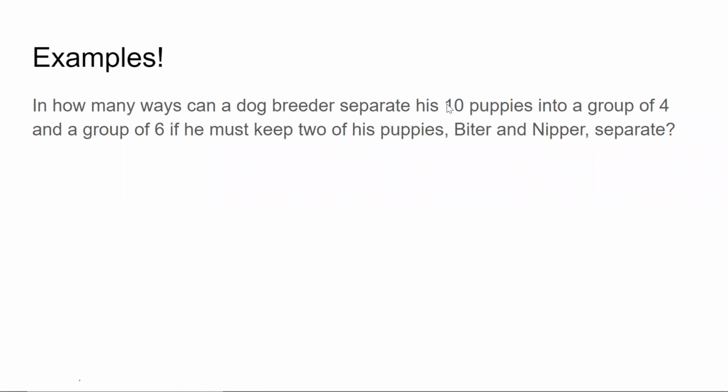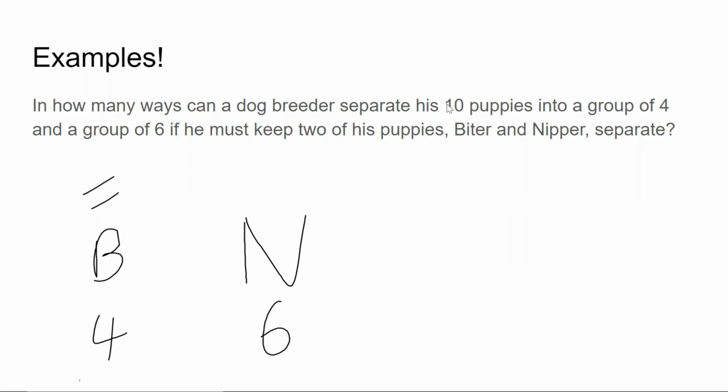It's slightly more than 4 ways, just slightly, as in a lot more than 4 ways. But keep in mind that all of the 10 puppies are different. So if you, for example, have Biter in this group and Nipper in this group, let's say this is the group of 4 and this is the group of 6, you could have 3 other dogs in that group and 5 other dogs in that group.